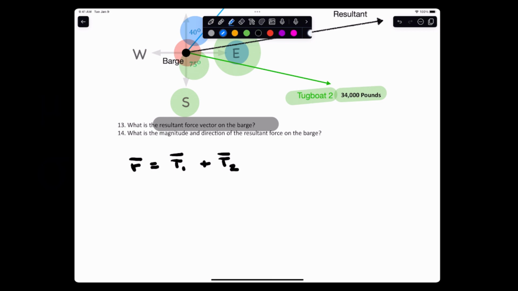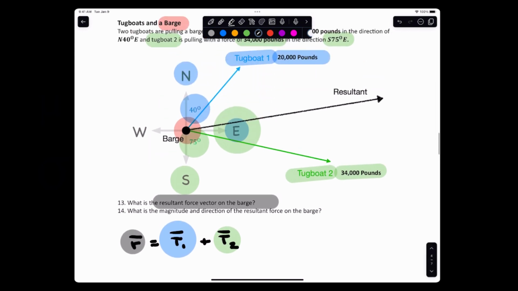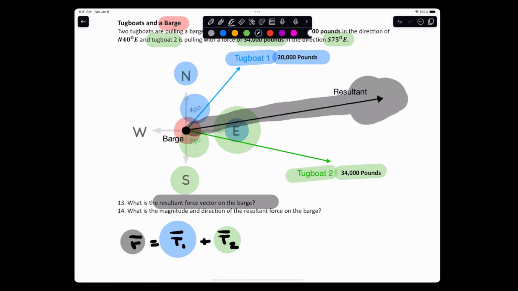So I have the first vector plus the second vector, giving you the resultant vector. So they're going to want this resultant vector, it's a vector sum again. This is the sum of the forces here.